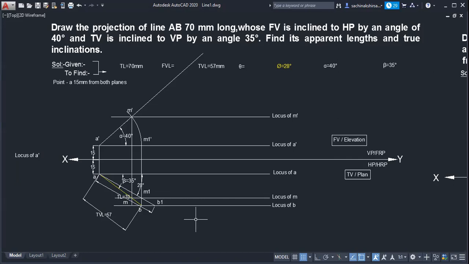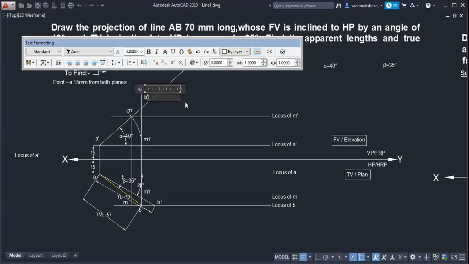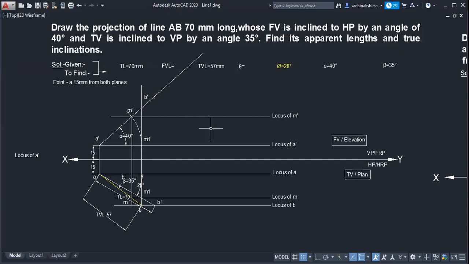From here, if I go straight, I will cut the alpha line somewhere. That point will be B dash. So here I give the name B dash.